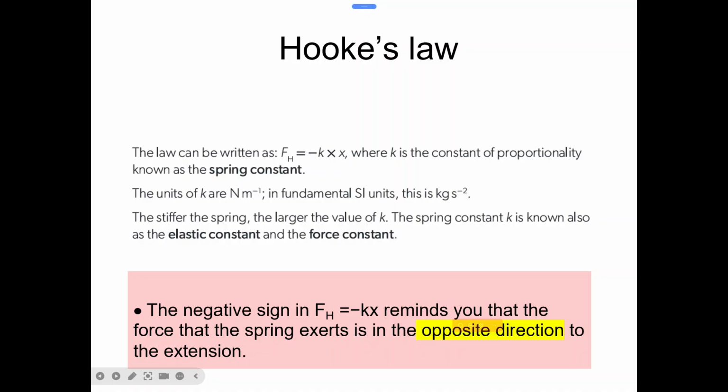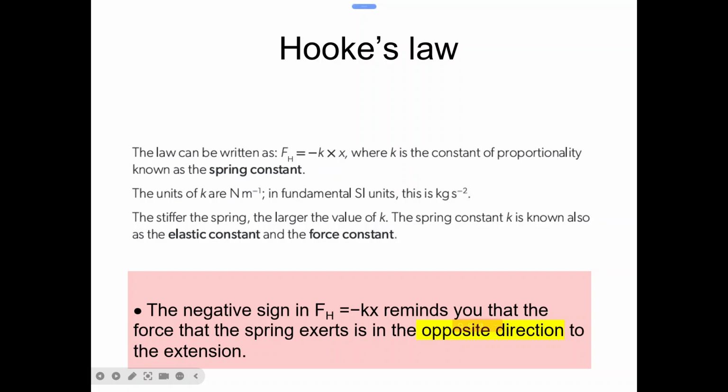What does that mean? That means if I look closely, if I stretch this downward, what is the direction of the extension? Downward, because displacement is going down, right? How about the force provided by the spring? Upward, right? Because it will try to prevent this object from falling, the spring must provide an upward force within to support this thing, right?